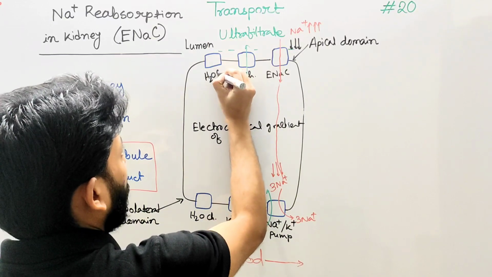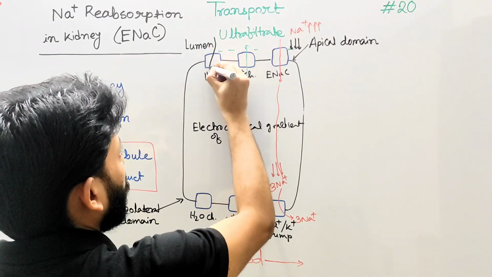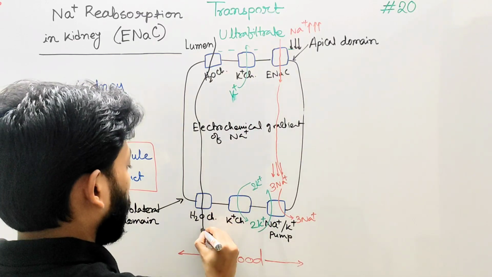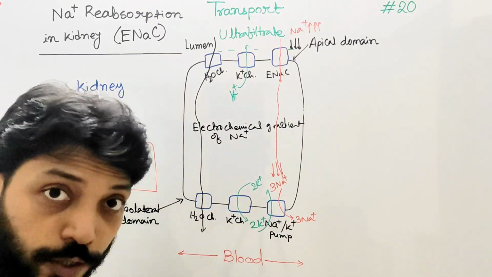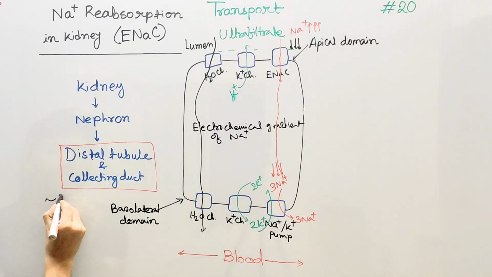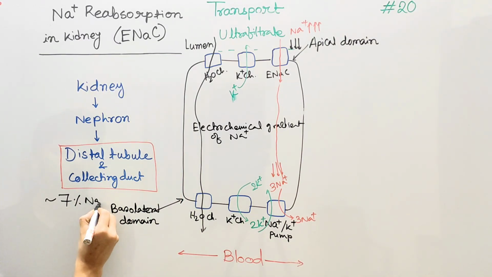Here also a water channel is present. Through water channels it comes inside the cells from the ultrafiltrate and goes out of the cells through the water channel present in the basolateral portions. By the distal tubule and collecting duct, approximately 7% of sodium is reabsorbed.